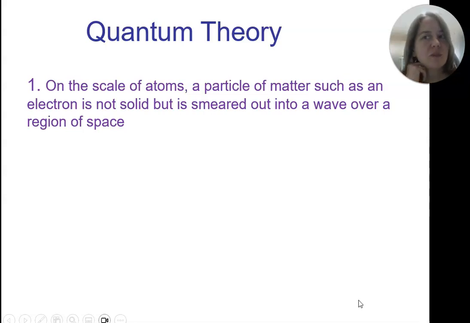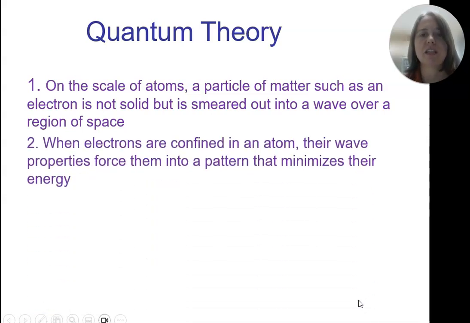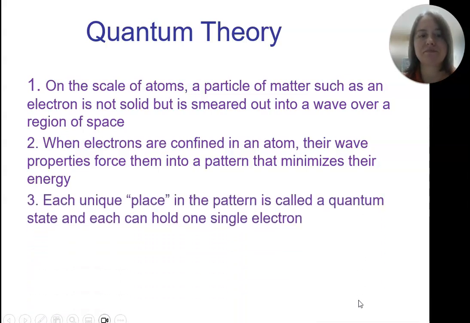So you don't have to write these down, but please pay attention. On the scale of atoms, a particle of matter such as an electron is not a solid, but it is smeared out in a wave over a region of space. And when electrons are confined in an atom, their wave properties force them into a pattern, and whatever pattern they choose is the one that's going to minimize the amount of energy.